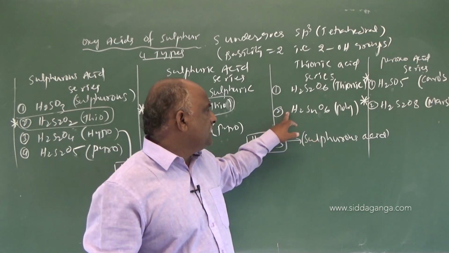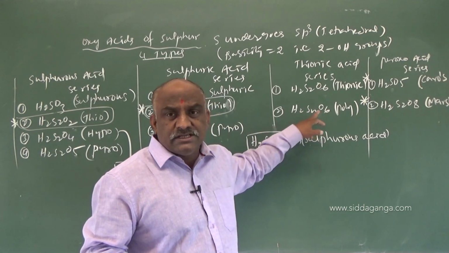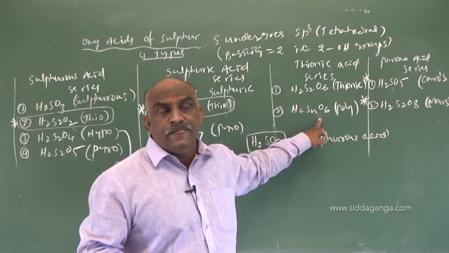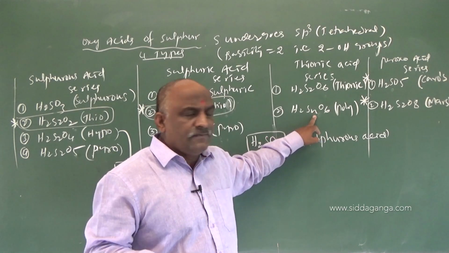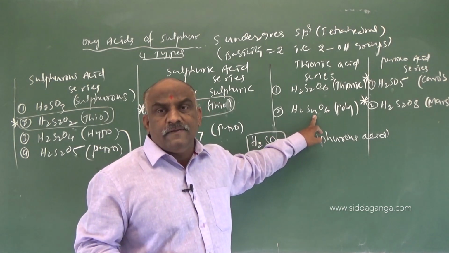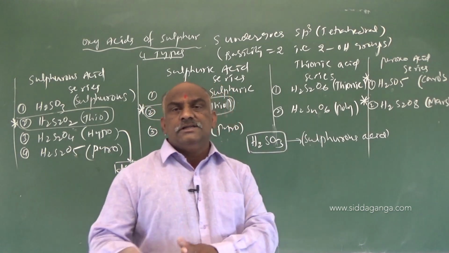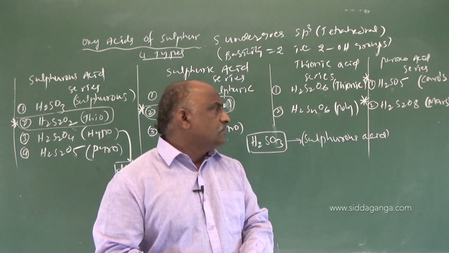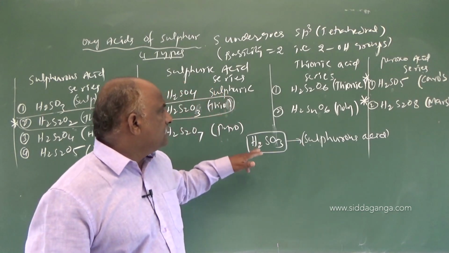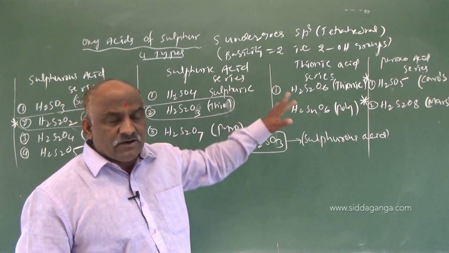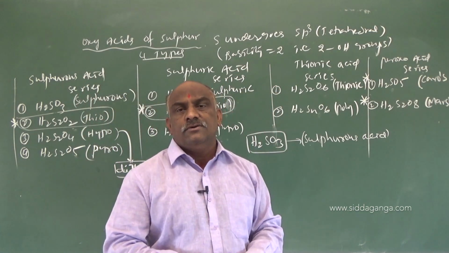Sometimes you will get H2S4O6, H2S(n+2)O6, where n is not countable: polythionic acids. In such cases you should add S-S bonds like that only.